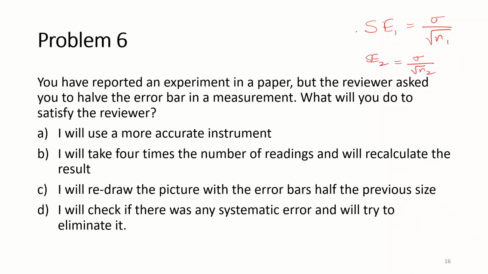So these are the two conditions. This is the standard error before review, and this is the second one. And it is given that the standard error is to be reduced, needing 4 times.